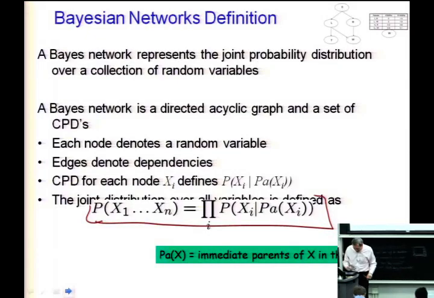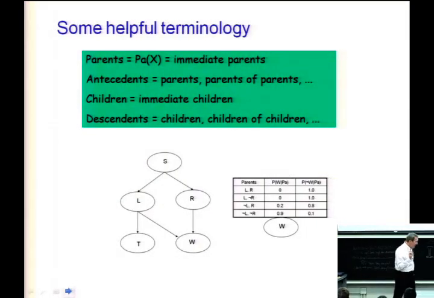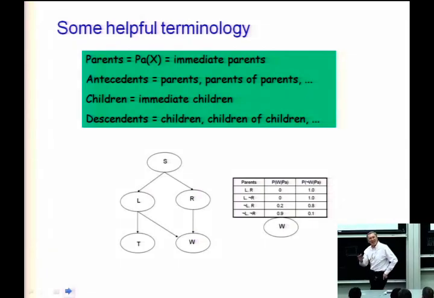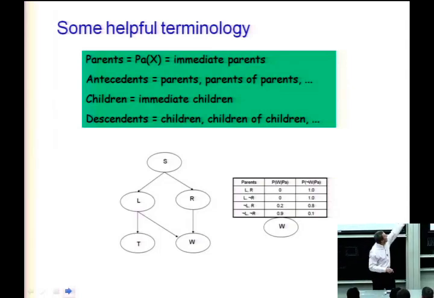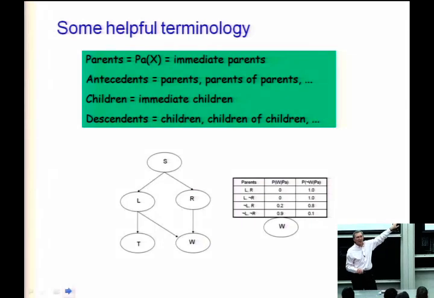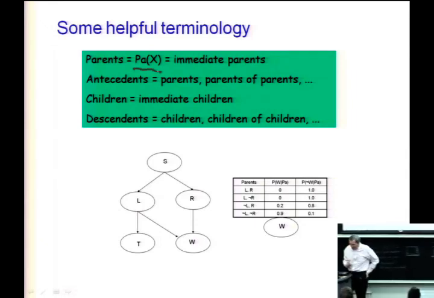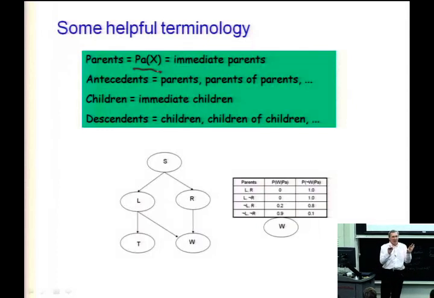Okay, so let's go ahead, because I think a few examples will really help. Also, you notice I've been using, with prosodic emphasis, the term immediate parents. I just want to be upfront about the terminology I'm going to use, and this is standard in the field. I'll say that the parents of a node X, which I'll write PA of X, are just its immediate parents in the graph.